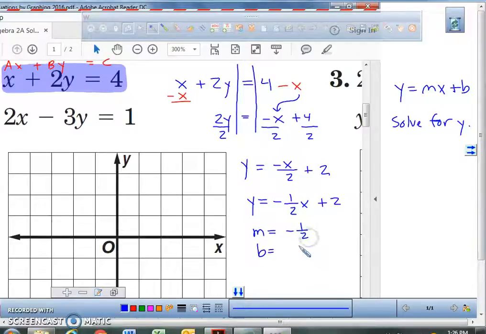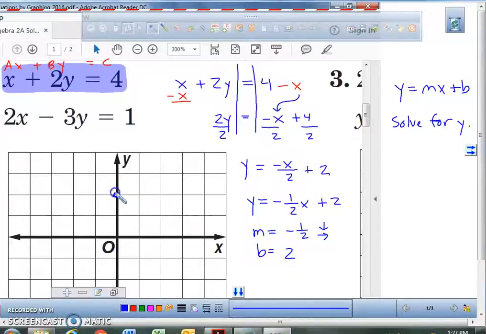Our slope is negative 1 over 2, and our y-intercept is at 2, which means we have to go down 1 unit and over 2 units every single time. That's our constant rate of change. And would you guys agree the y-intercept at 2 is a very easy point to plot?